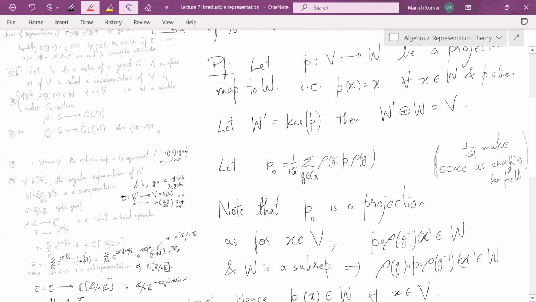So you start with any element, and this particular term will send it to W. Of course, P0 is a sum of these, and sums of elements in W are again in W because it's a subspace. Then you multiply by 1 over the order of G, so it still lands in W. For defining P0, we need 1 over the order of G to make sense.